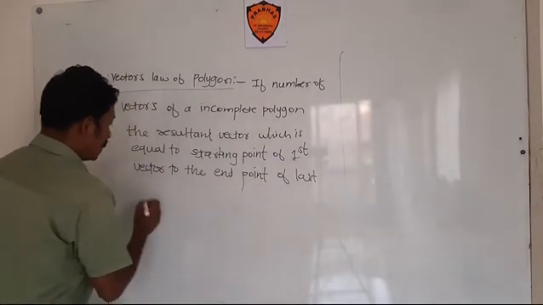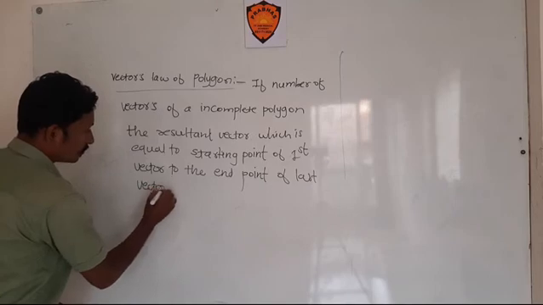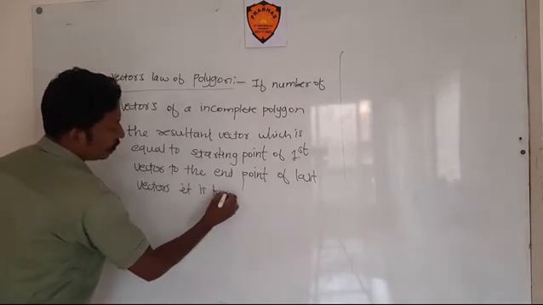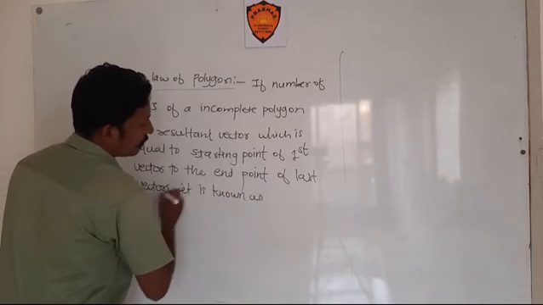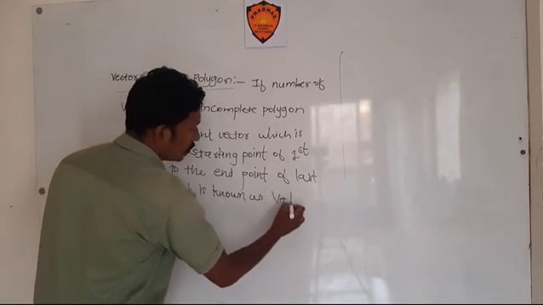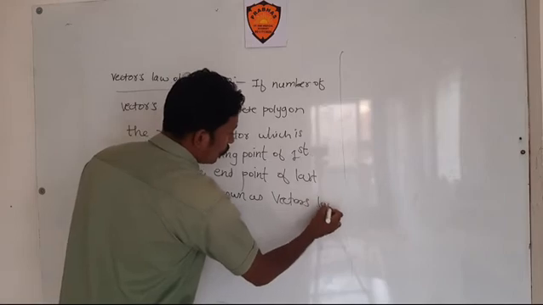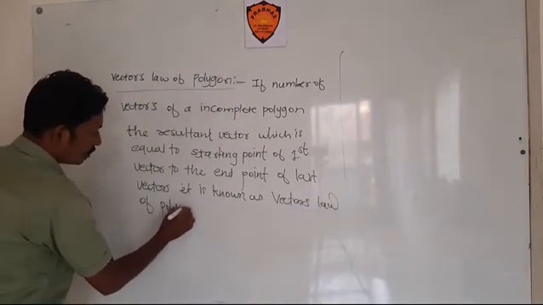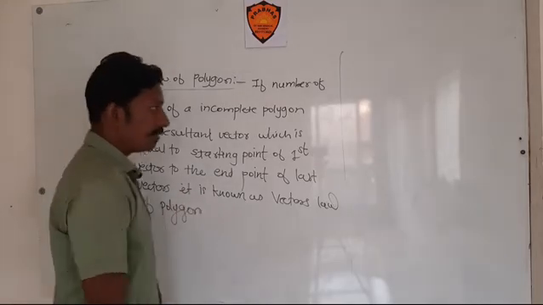End point of the last vector. It is known as the vectors law of polygon. This is known as the vectors law of the polygon.